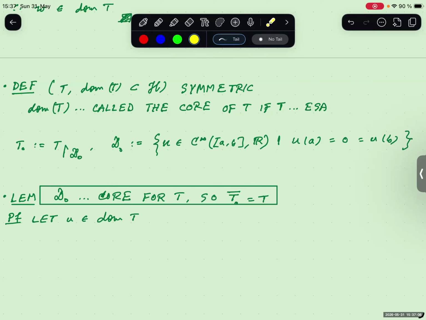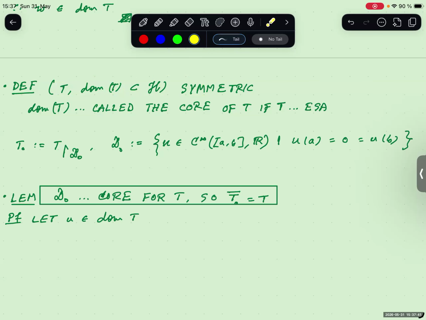We just know that T star equals T, but we do not know anything about the domain. And now, if this operator T is essentially self-adjoint on this domain, then this domain is called core. So to be a core, definitely it has to be a domain, but it satisfies an even stricter condition.